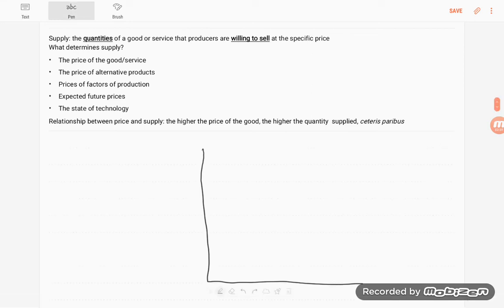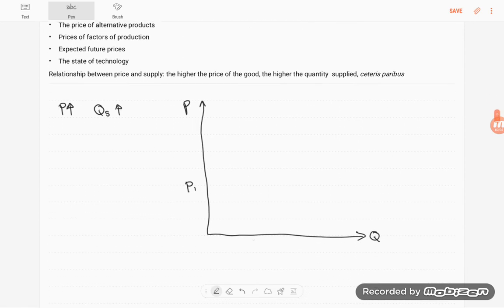How do we graphically illustrate this relationship? So if the price is higher, the quantity supplied also increases. Again, we have prices on the vertical axis and quantity on the horizontal axis. If we start at P1, the quantity supplied would be Q1.